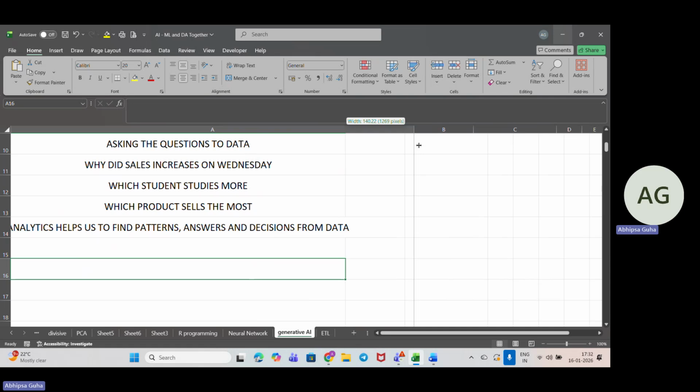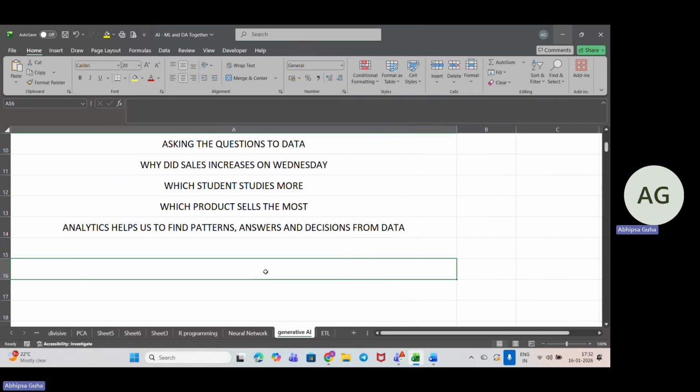Now, suppose I am giving a situation without analytics. In this case, my data is just numbers.